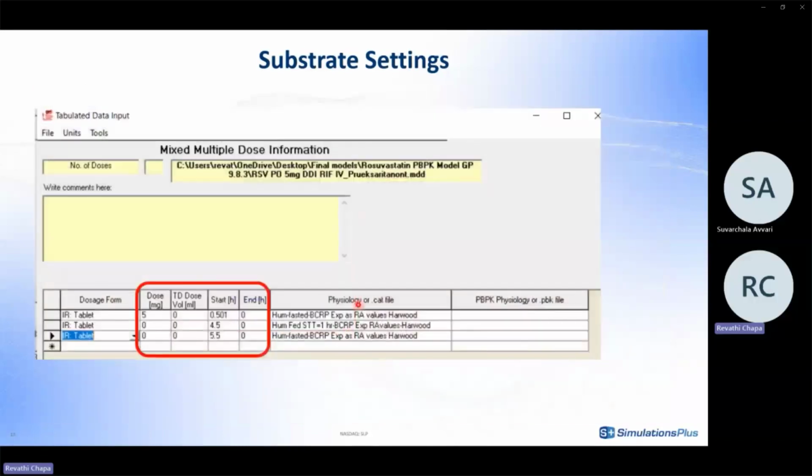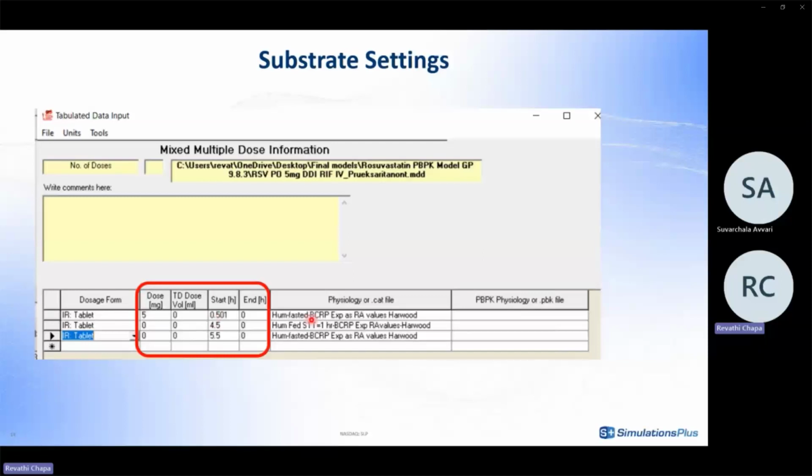So the way you would define the administration of your substrate or victim compound is you can open the mixed multiple dose information in the drug file, and you can define your drug administration. For example, I have set that the rifampicin is given for 30 minutes and then the compound rosuvastatin is administered at 0.5 hours.